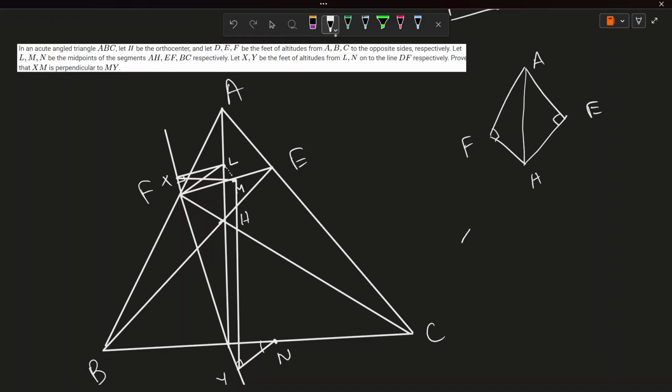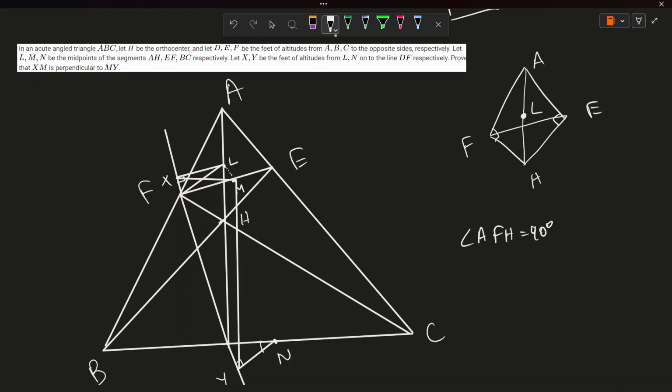Because angle AFH is 90 degrees, the midpoint of AH is the center of this circle, and by the problem statement the midpoint of AH is L. So L is the center of the circle.